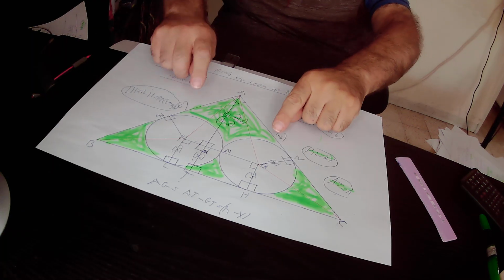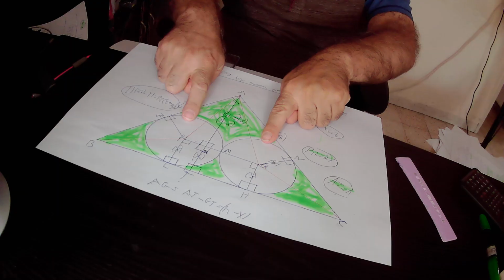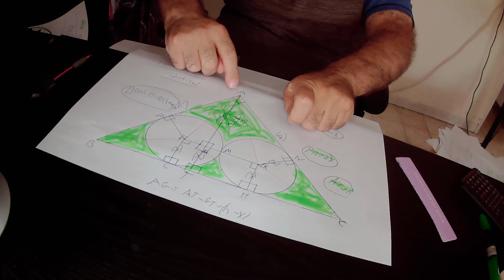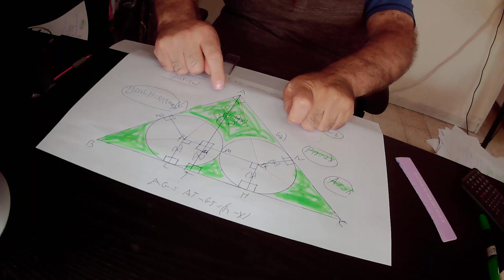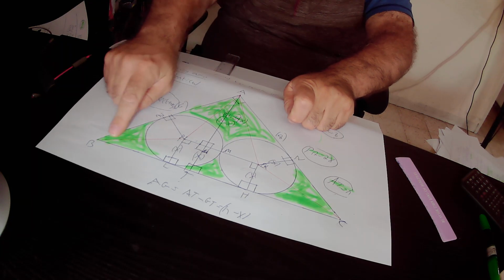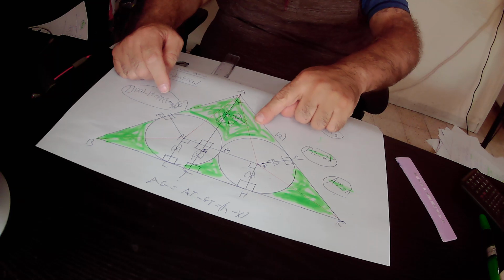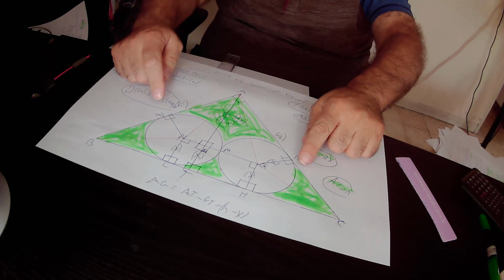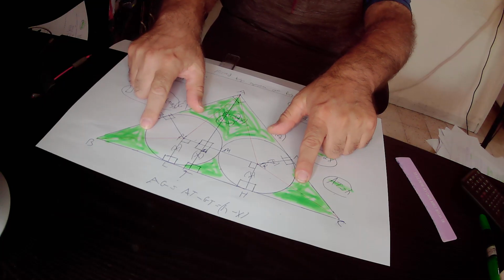It consists of triangle APB plus triangle AQC. These are two right triangles.